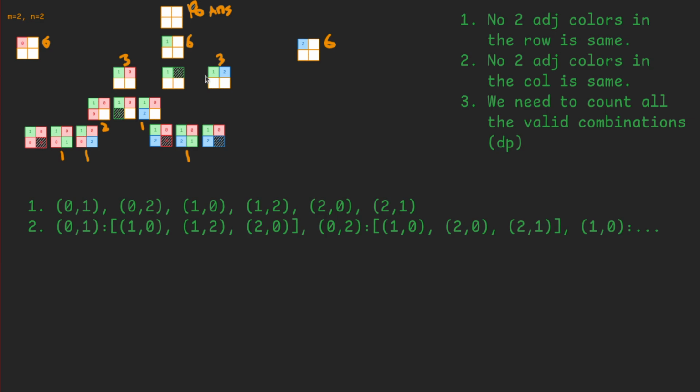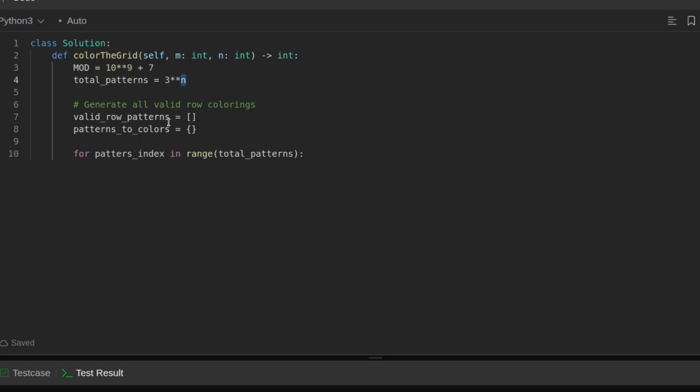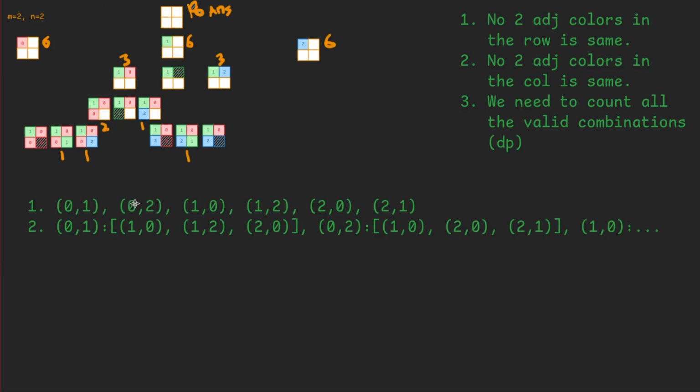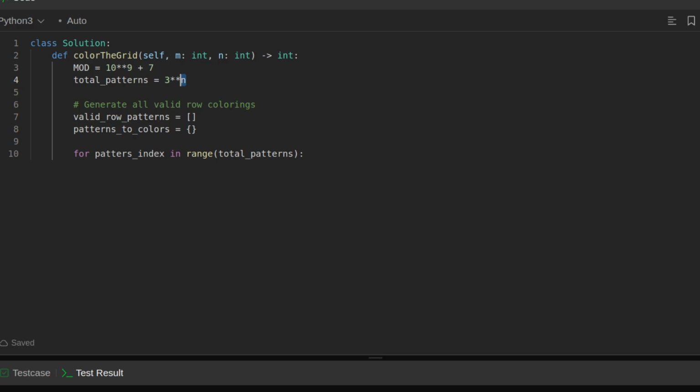Here you can see that the total pattern we get is 9. And what I am trying to do here is run over each index: 0 0, 0 1, 0 2, 1 0, 1 1, 1 2, 2 0, 2 1, 2 2. So I am going to run over all the valid index patterns.